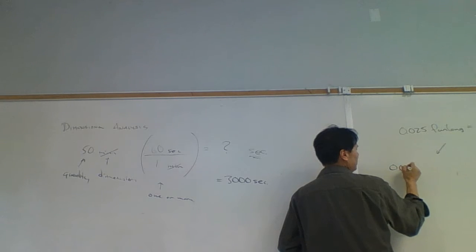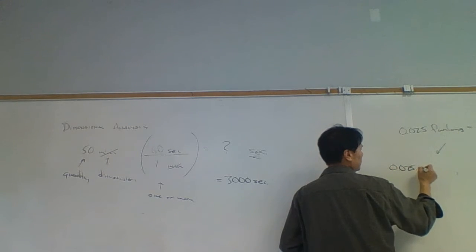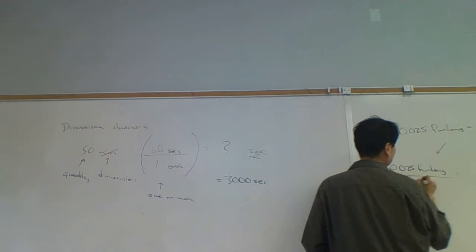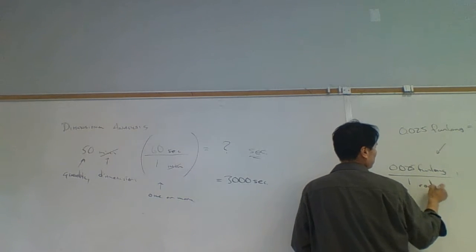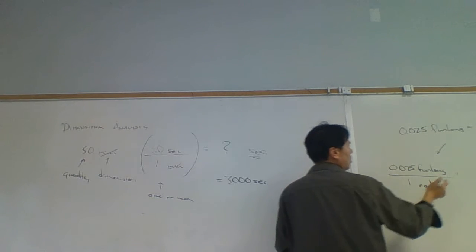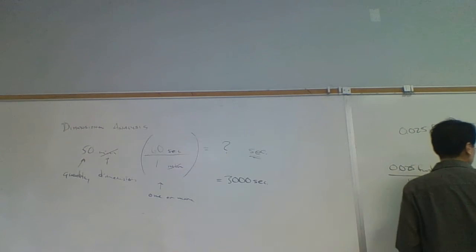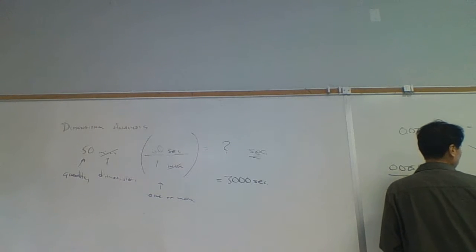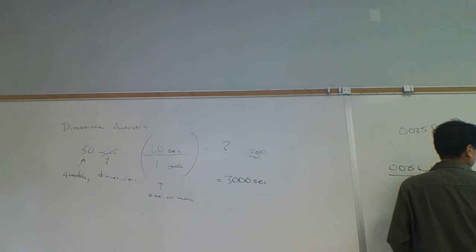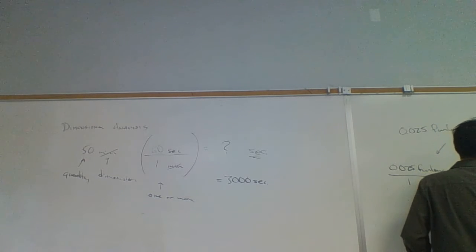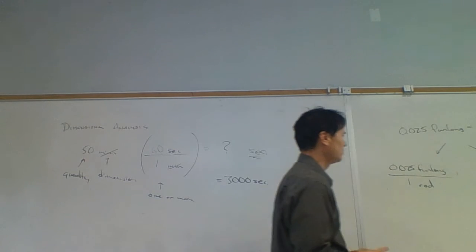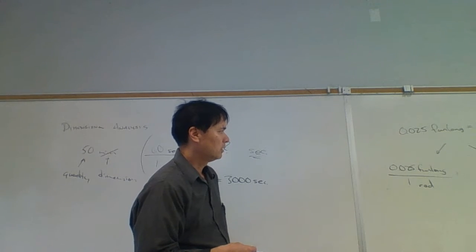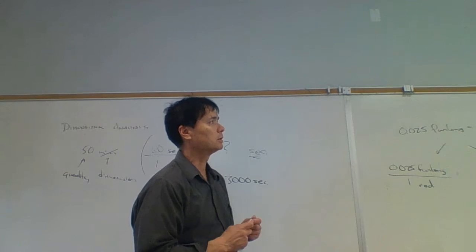If we need to cancel out rods, I'd write furlong in the numerator and rods in the denominator, so rods can cancel out. Or if I need to cancel out furlongs, I could just flip it over: 1 rod per 0.025 furlong. Basically all three things say the same thing: 0.025 furlongs per rod. That's it.